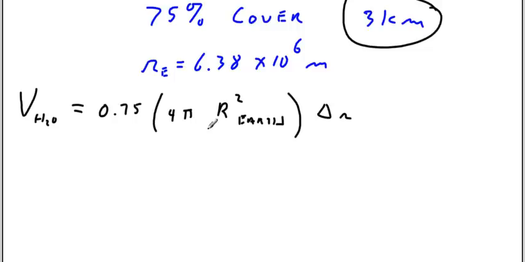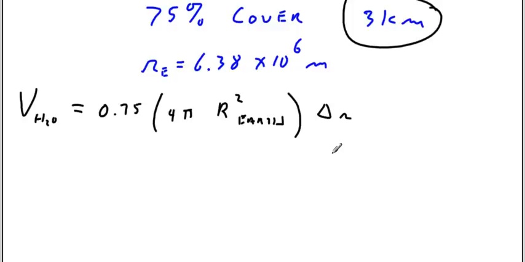So, where do I get the 4 pi r squared? And it's 4 pi r cubed, right? 4 pi r cubed. The volume. No, we just want the surface area. 4 pi r squared, right? Yeah.